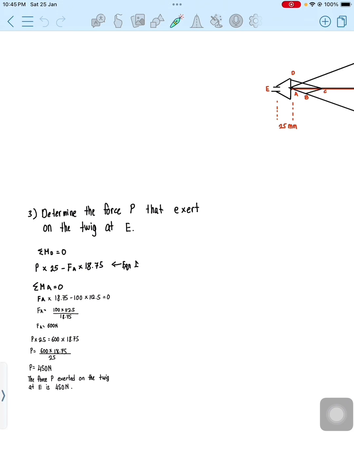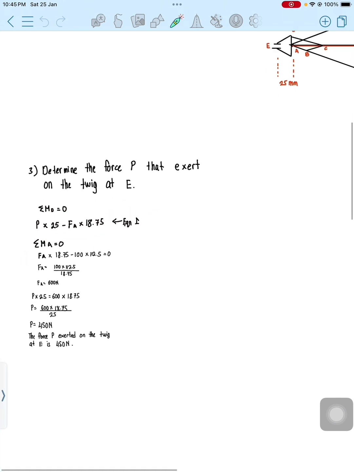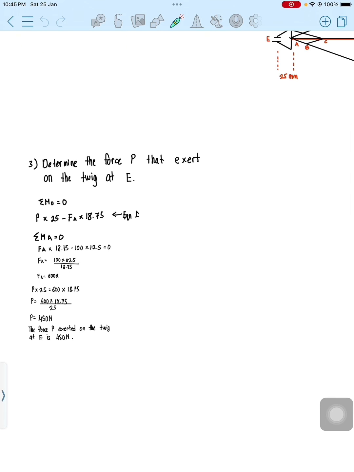The FA we put inside the first equation we made. So P times 25 equal to 600 times 18.75. So we can find P, and P is 450 Newton.